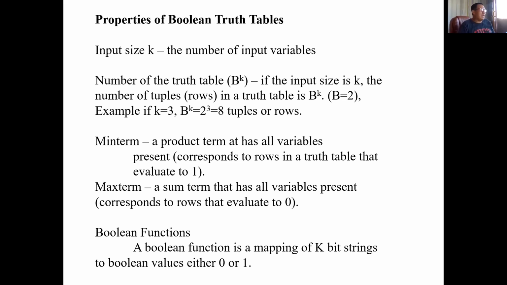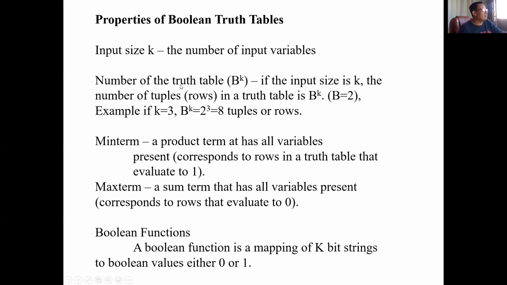Given an input size k, the number of rows of a truth table is 2 to the k. We have this in our previous topic. So for example, if there are 3 variables, 2 to the 3 is 8, so there will be 8 rows in the truth table. You can also count: 0, 0, 0; 0, 0, 1; 0, 1, 0, and so on.